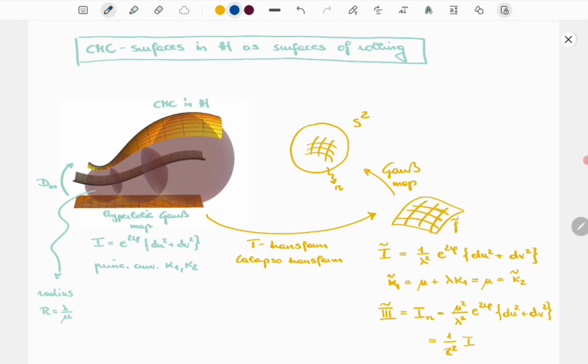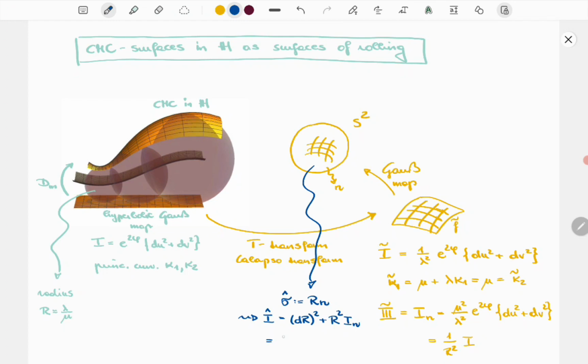And if we construct now with this Gauss map n our surface sigma hat, which then becomes one surface in the construction of rolling, then we define sigma hat as r times n, and we compute that the metric I hat of that surface equals dr squared plus r squared times the metric of the Gauss map, I_n.